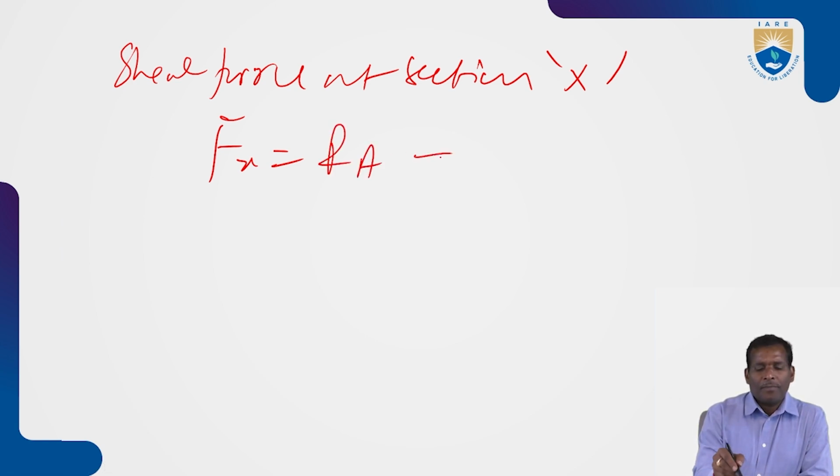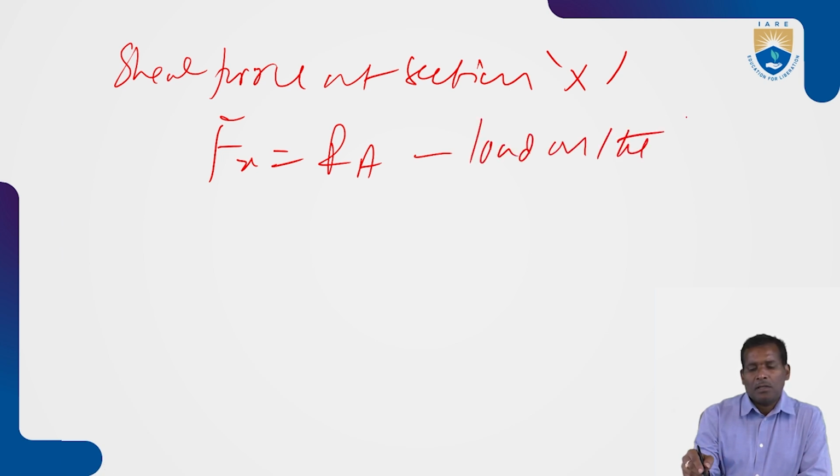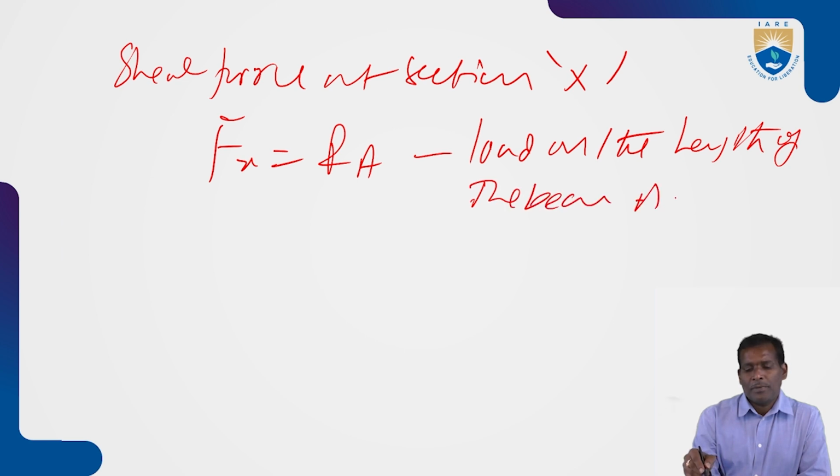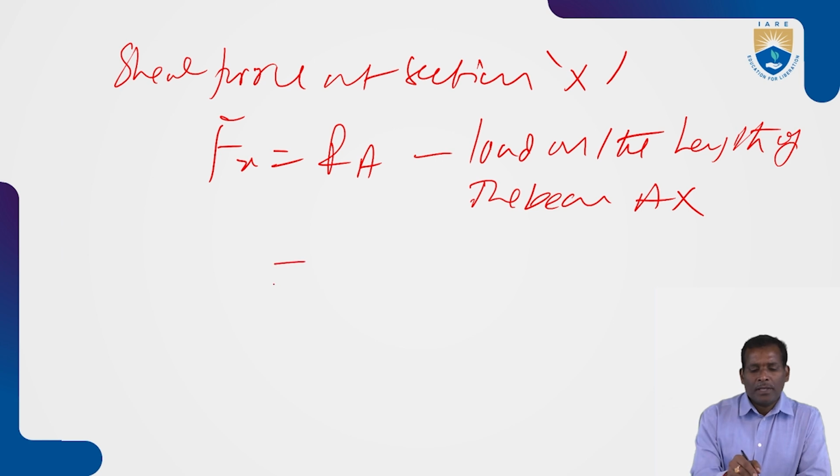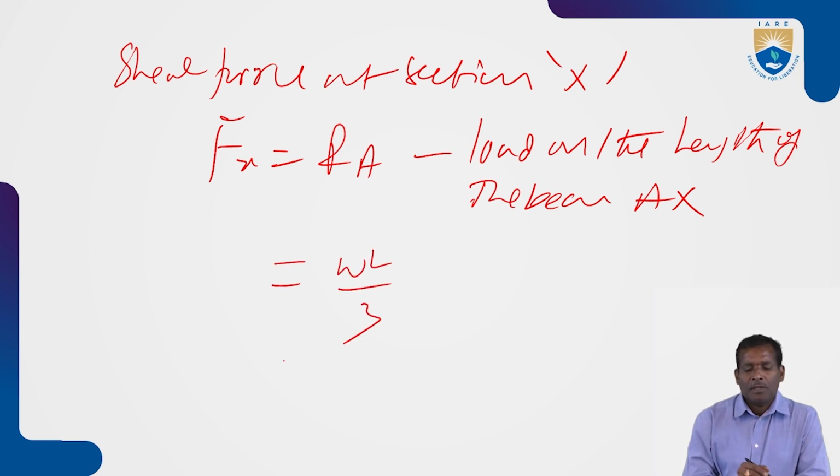RA minus the load on the length of the beam, the load on the length of the beam AX. So RA is WL by 3 minus the load on the length of the beam AX.